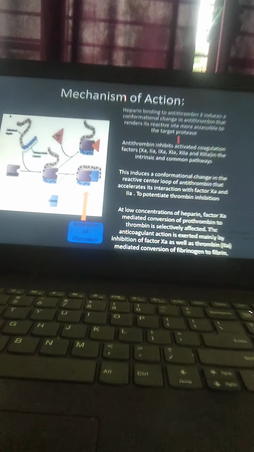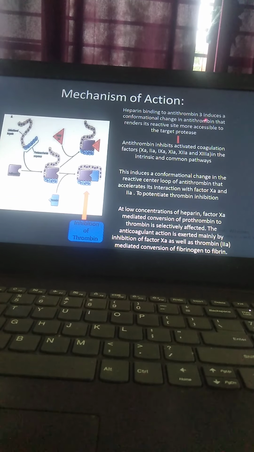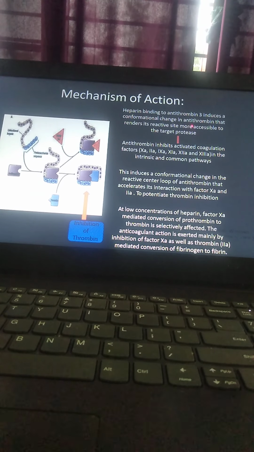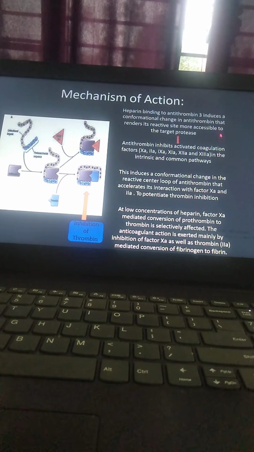Now, the molecular mechanism of action. Heparin binds to antithrombin III and induces a conformational change in antithrombin that renders its reactive site more accessible to the target protease.